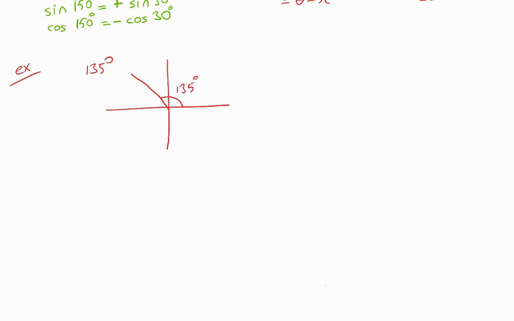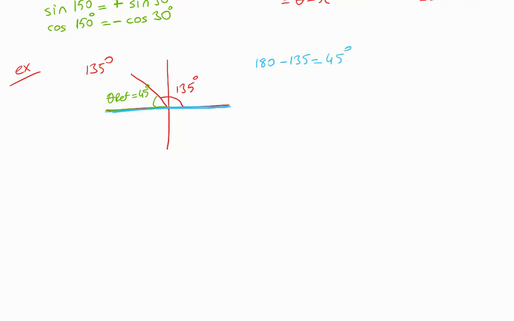It's asking what the reference angle is. The reference angle, we said, is the closest x-axis, right? Here. So what is my reference angle? It's 45 degrees. Why? Because this whole x-axis is 180, so 180 minus 135, we will get 45 degrees.